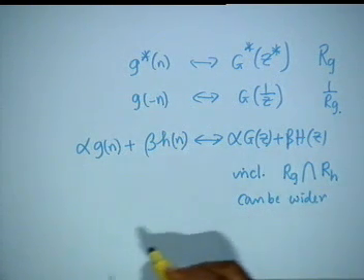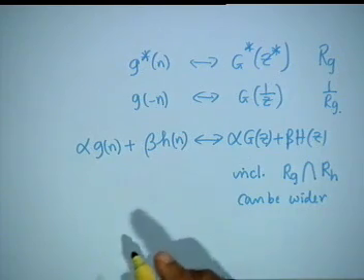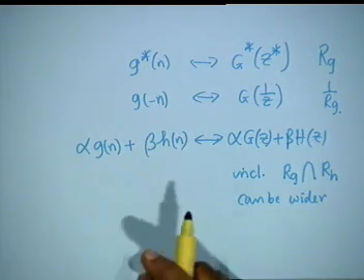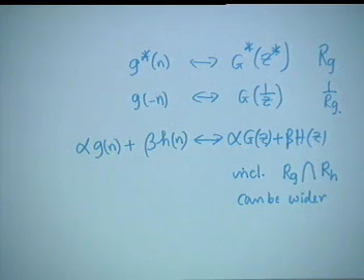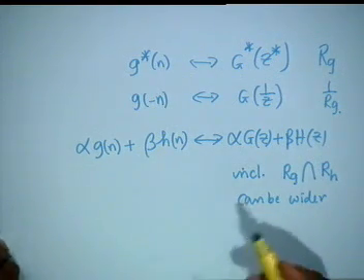And I explained why it can be wider, because there can be cancellations of zeros and poles. There can be cancellations of terms also. One may contain the negative of one of the terms in G of Z.